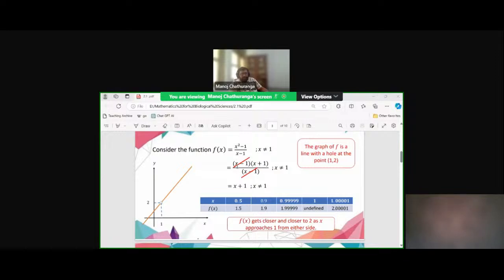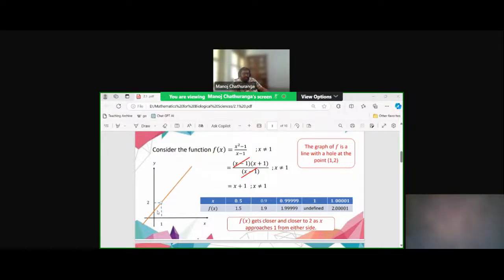So since x minus 1 appears in both numerator and denominator, you can cancel them. So the expression simplifies to x plus 1. So initially the function was really bad, but now we have simplified it to a very nice one. y equals x plus 1 is a line. You can see the graph of that function.